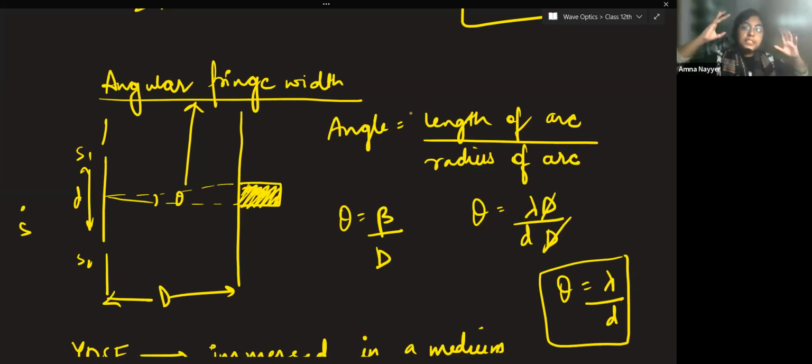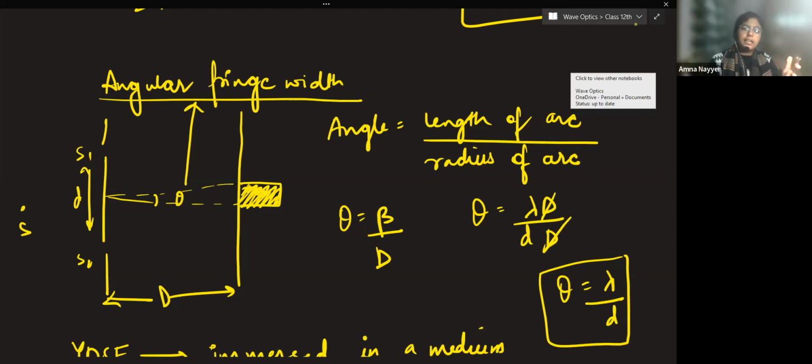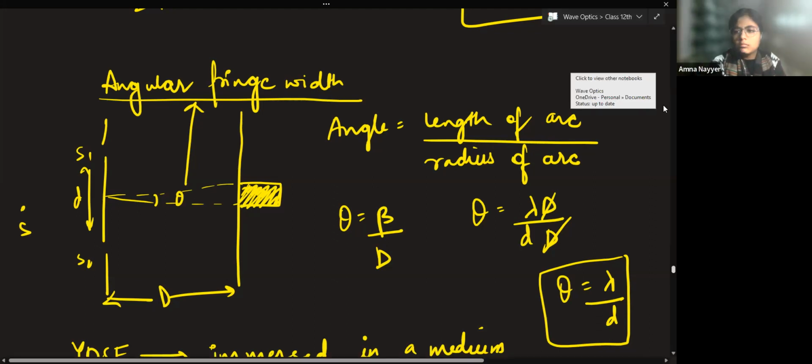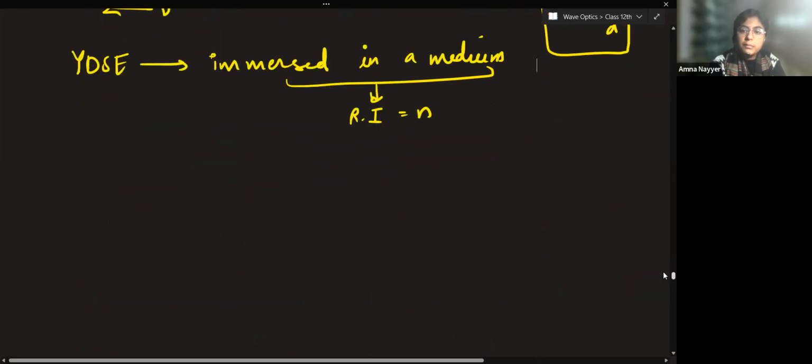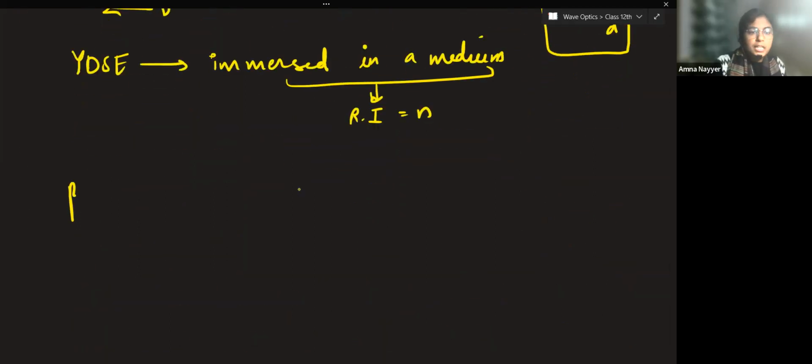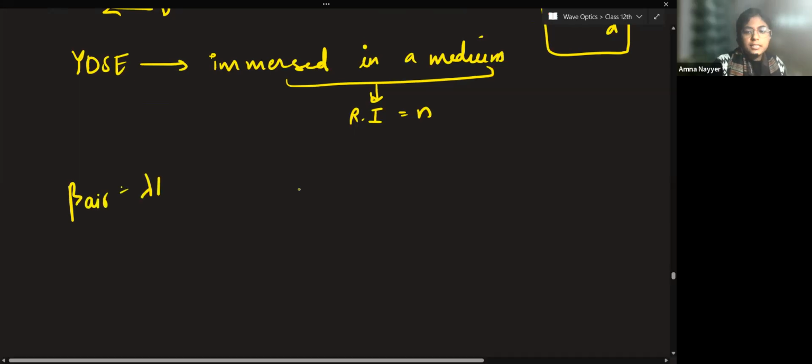One more thing, class. If this entire setup is being done in air, suppose we take this entire setup and immerse it into some other medium having refractive index n. So if the medium gets changed, see beta in air is lambda capital D by small d.